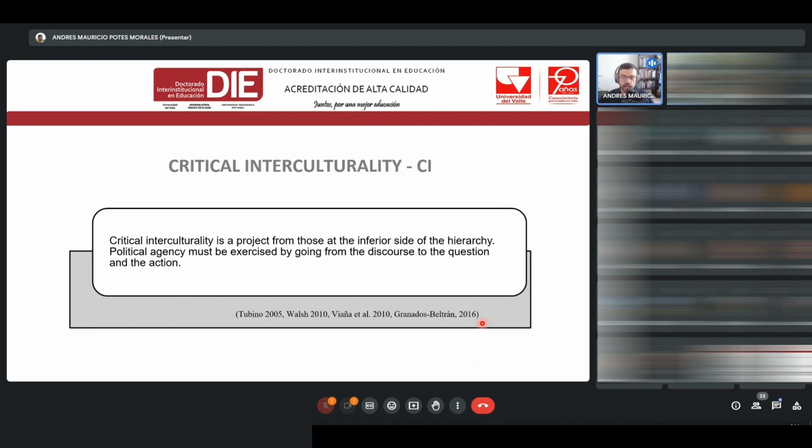It goes beyond recognizing, tolerating, and incorporating the so-called "different" into the established structures. In this regard, for transformation to take place, political agency must be exercised by going from the discourse to the question, and more importantly, to the action.